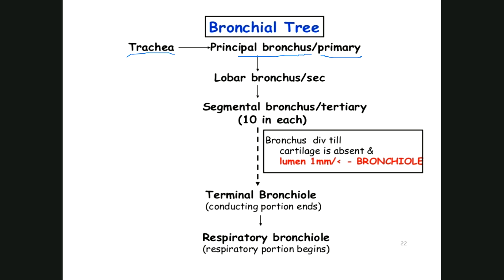Inside the lung it is called lobar bronchus, and then it goes into further branching. It is called segmental branches, and then terminal branches, and still smaller division, respiratory bronchioles. So these are the divisions of how the trachea is divided. So you understood this?